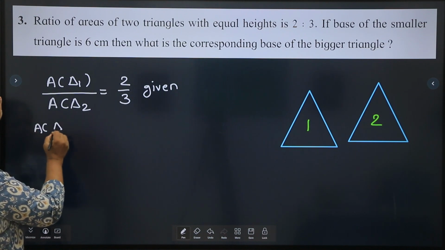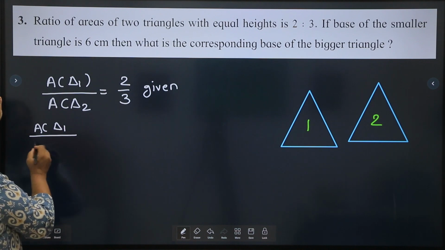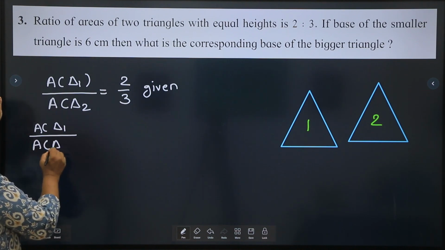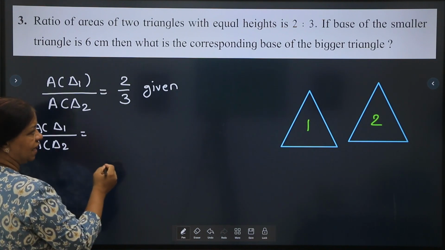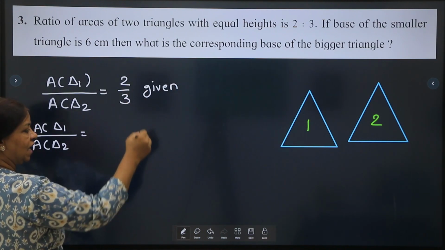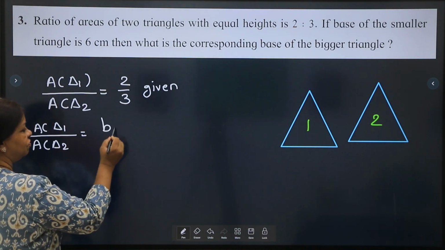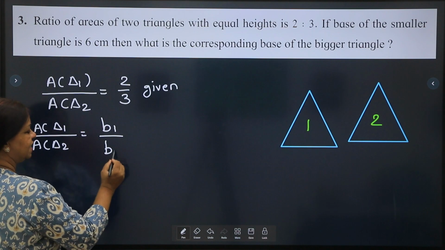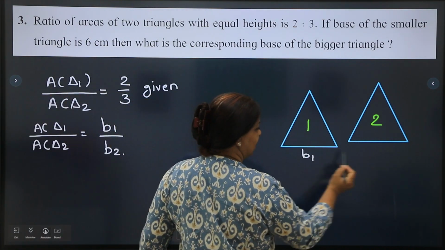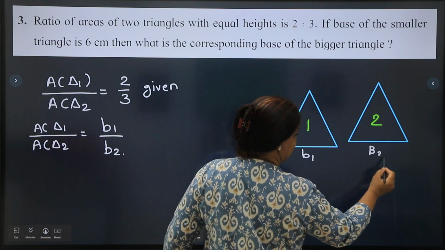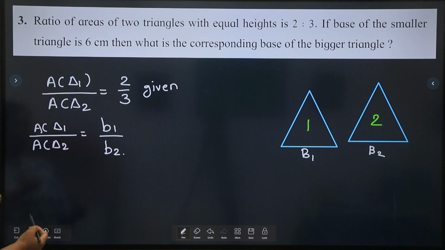So if it is given, let me begin with this. Area of triangle 1 upon area of triangle 2 is equal to half into base into height. Half gets cancelled. With equal height also will get cancelled. So base upon base. So base of first triangle upon base of second triangle. This is the base of the first triangle and this is the base of the second triangle.